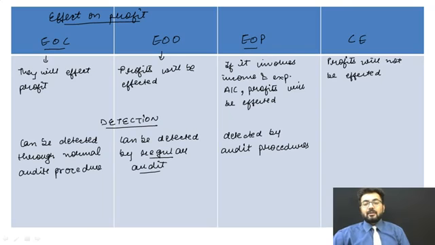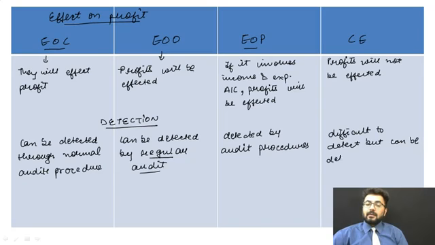By adopting such audit procedures, errors of principle can be detected. And compensating errors are actually very deliberate and difficult to detect, but they can be detected by audit procedures.